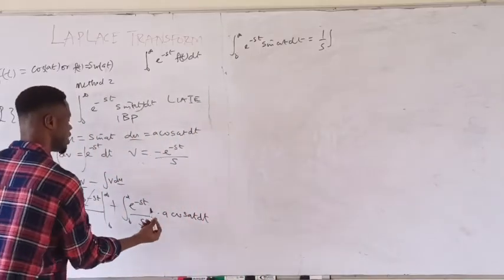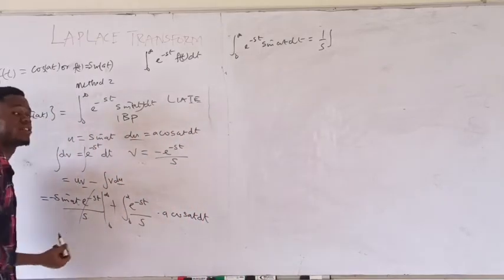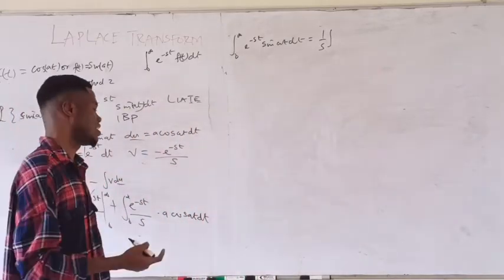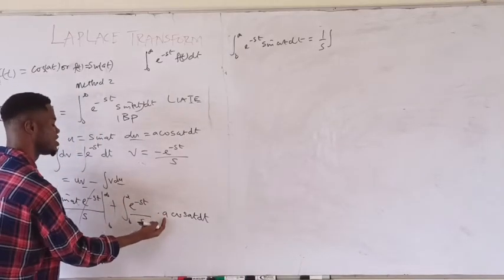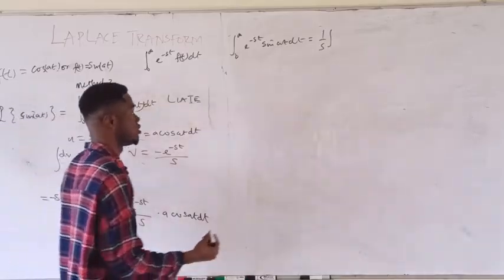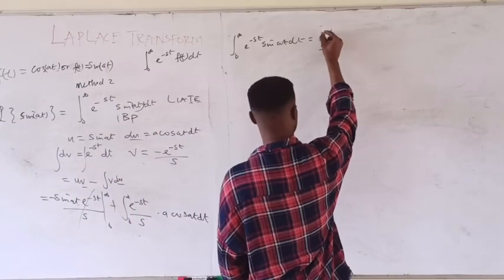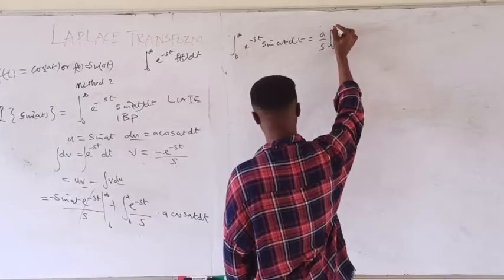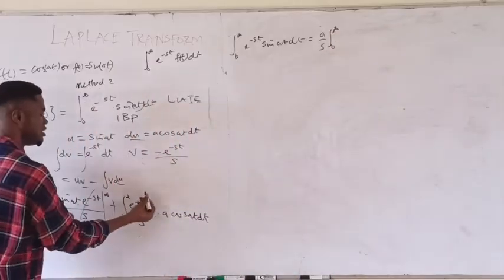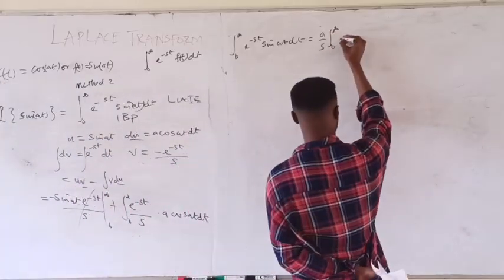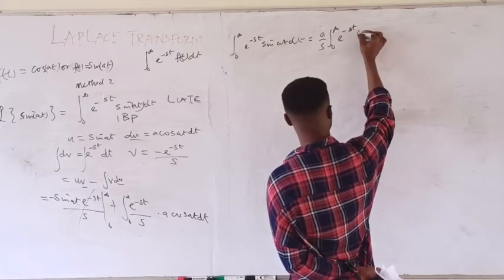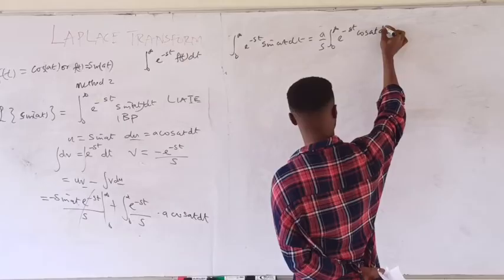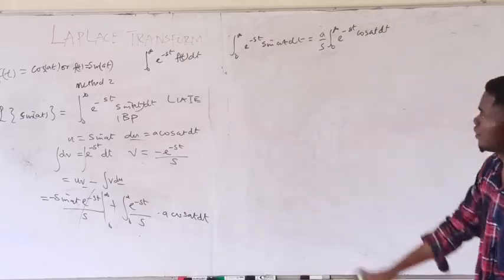I can decide to bring out 1 over s outside of this function. So if I bring out a over s outside of this function, I have a over s, integral from 0 to infinity, and what I have left is exponential of minus st cos at dt. So this is what I have from here, right?